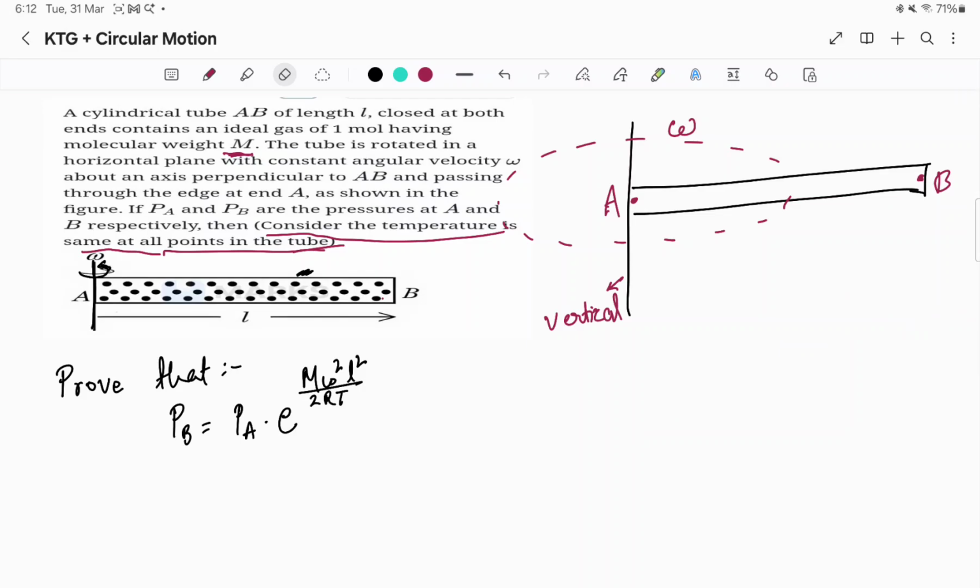First, in this tube we can find gas molecules distributed at every location, at every place. These are the gas molecules that I am drawing. All the gas molecules are doing circular motion.